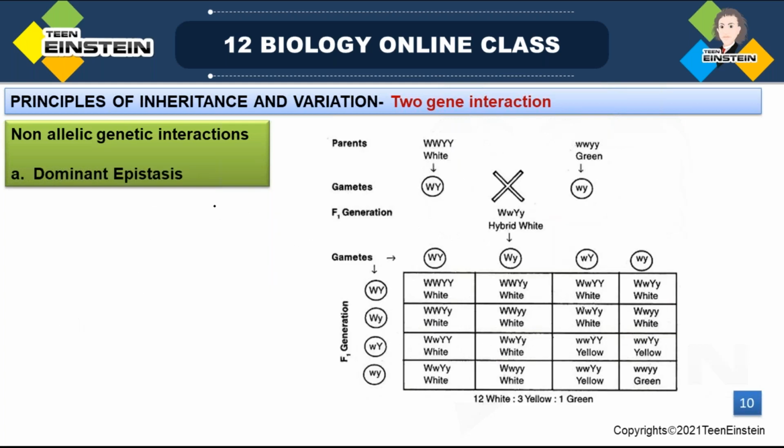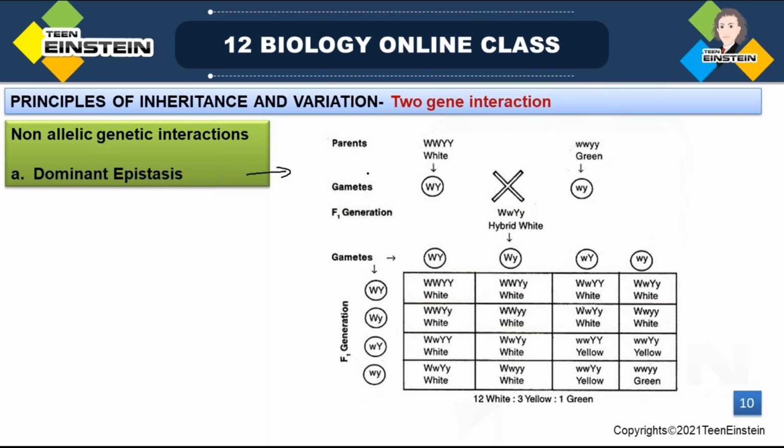In dominant epistasis, a dominant gene does not allow the expression of another non-allelic gene. For example, in summer squash, fruit color is governed by two genes.